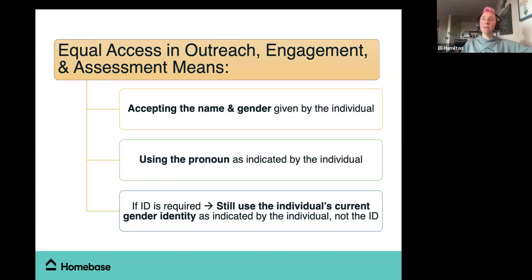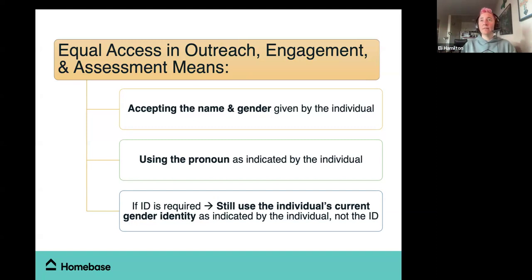It is also appropriate to let them know, hey, awesome, thank you for sharing that information. That's not what's in HMIS right now. Would you like me to change that in HMIS? To let them have that choice, because something they disclose to you may not be something that they want in the HMIS database, but it may be. So it's always good to ask that.